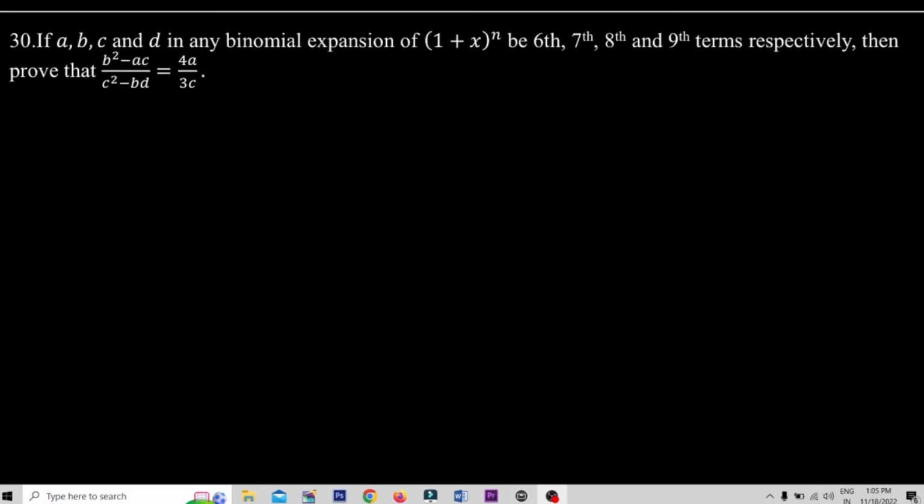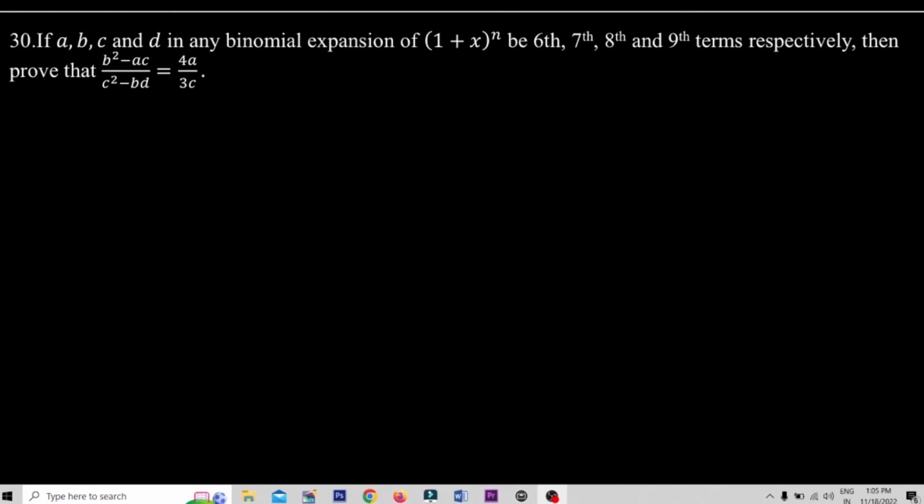Let us go to question number 30. In this question number 30, we are seeing a similar sum: if a, b, c, d in the binomial expansion of (1 plus x) to the power n are the 6th, 7th, 8th, 9th terms.